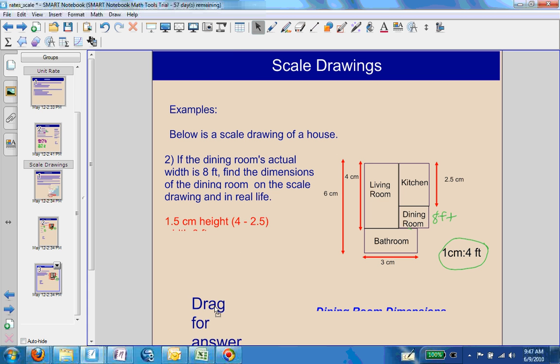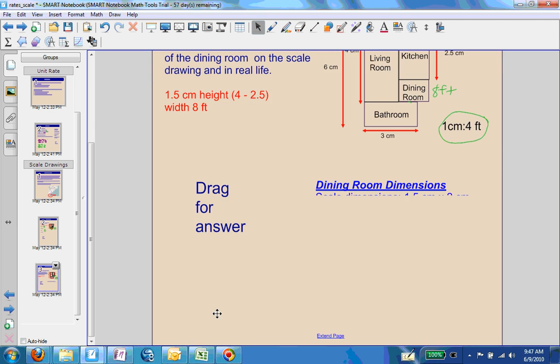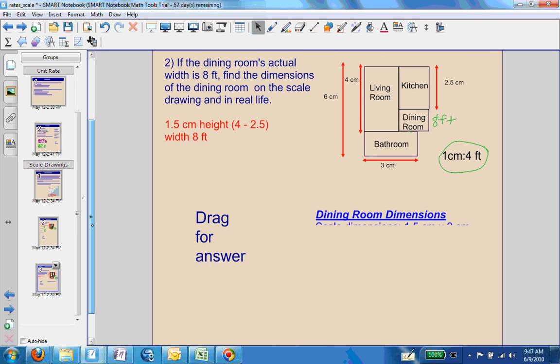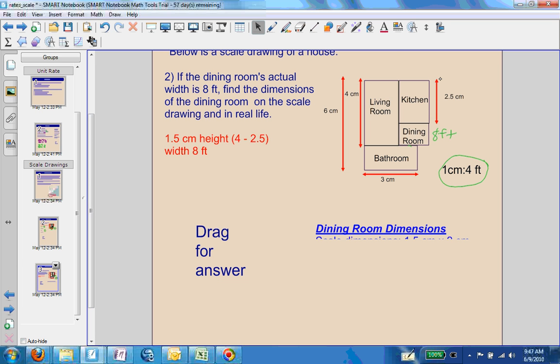So the first thing we can do is figure out that the height right here, that's the same thing as the width, is 4 minus 2.5, because we know that this length is 4 and this is 2.5. So we know that not only is this 8 feet, but this is 2.5 centimeters.